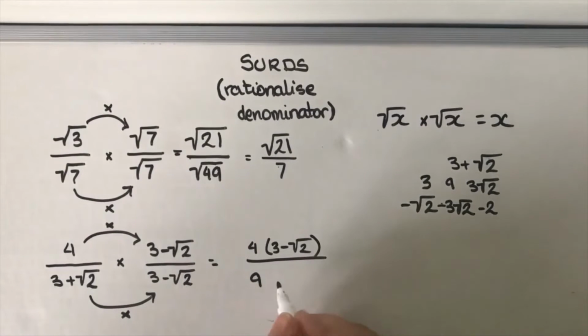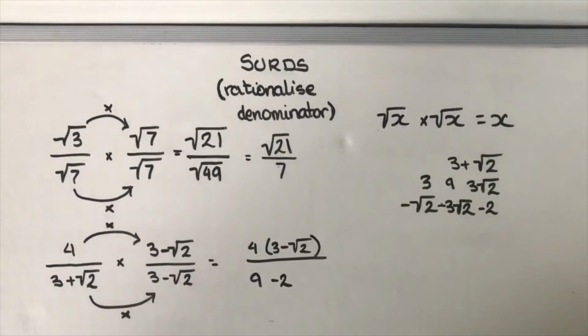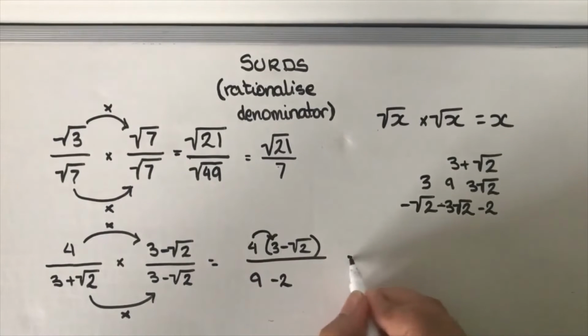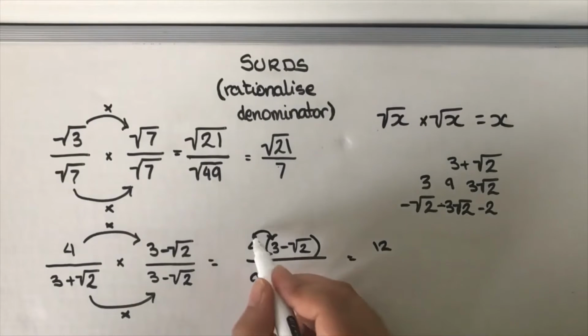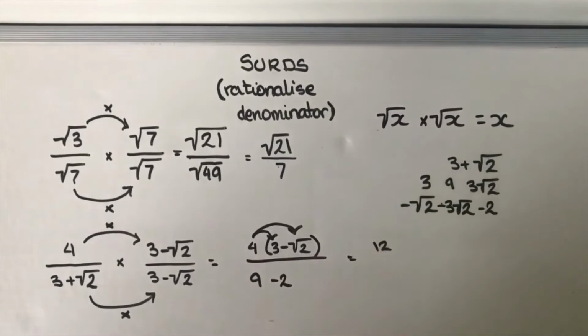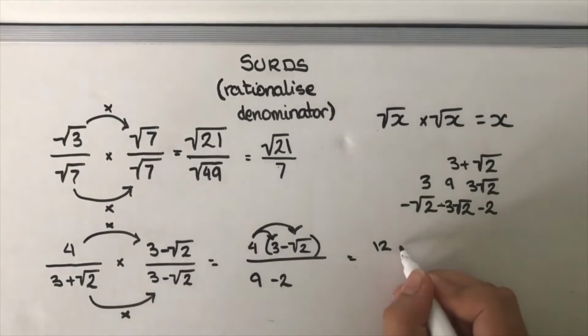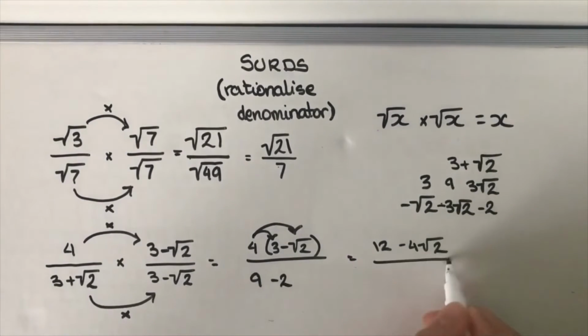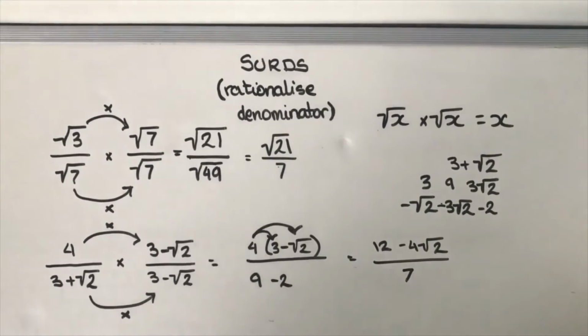That way, we are left with 9 minus 2. We can now expand the top bracket. So we just do 4 times 3, giving us 12. And then 4 times root 2 minus root 2, remember. So it would be 12 minus 4 root 2. We then have 9 minus 2, which we should know is equal to 7.